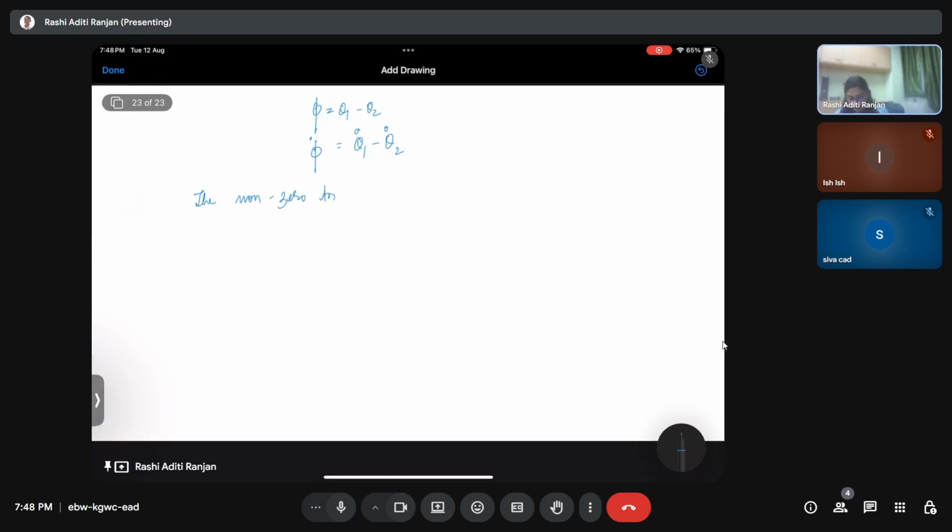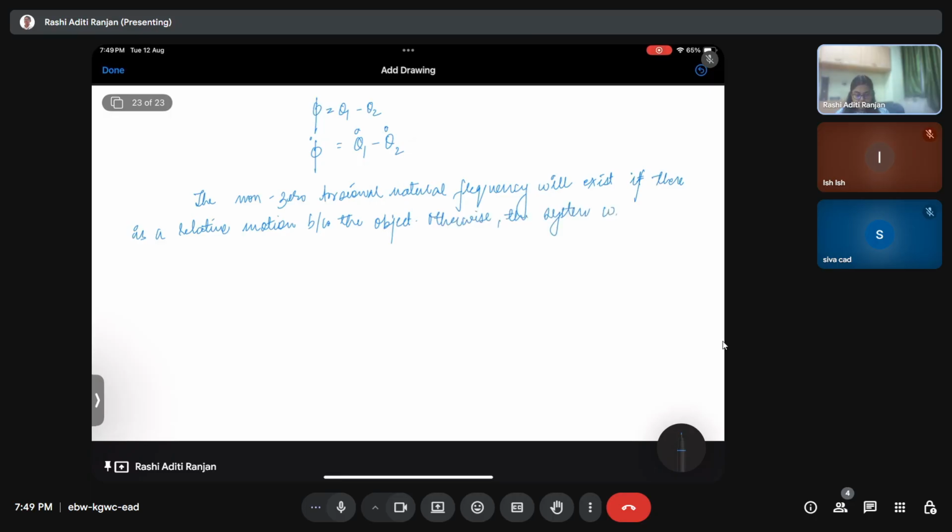The non-zero torsional natural frequency will exist if there is a relative motion between the objects. Otherwise, the system will behave like a rigid body.